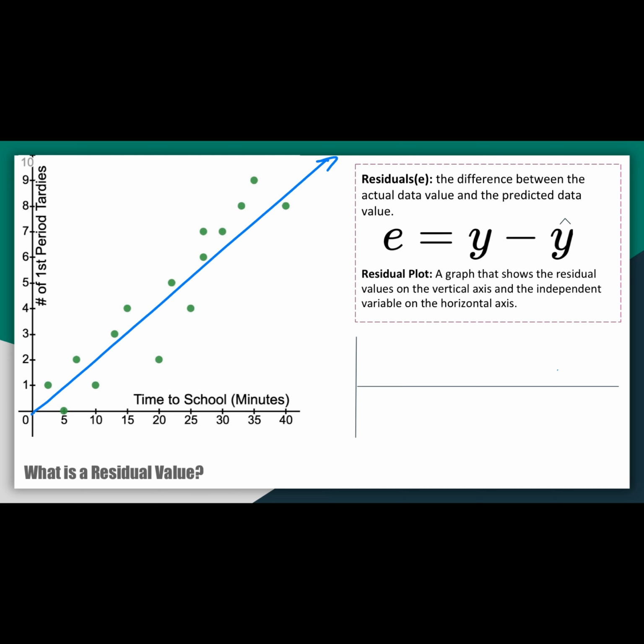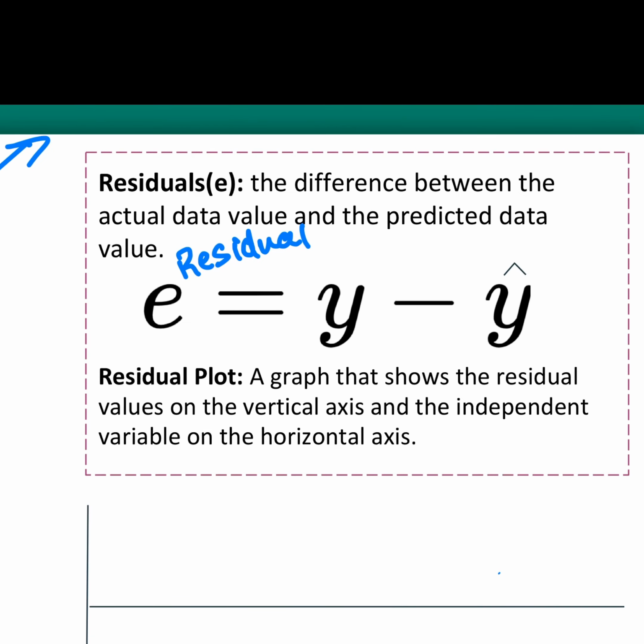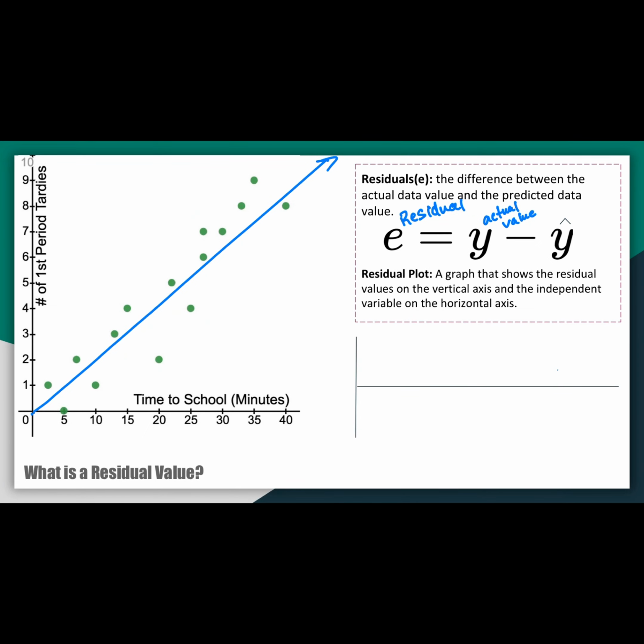So a residual is the difference between the actual data value and the predicted value. The E is going to be your variable for residual, just kind of like R is for correlation coefficient. The y is your actual value, and when I'm saying actual value, I'm talking about these green points here.